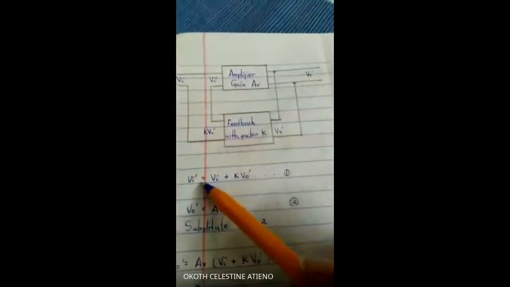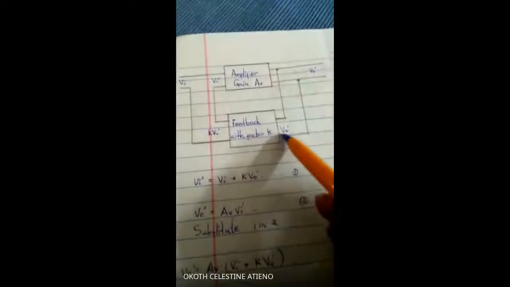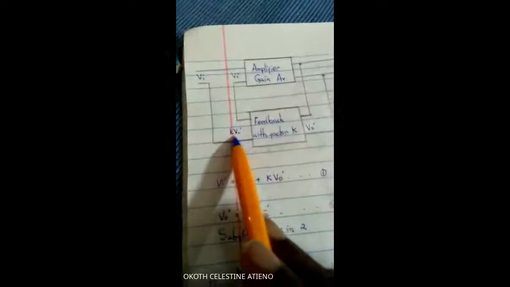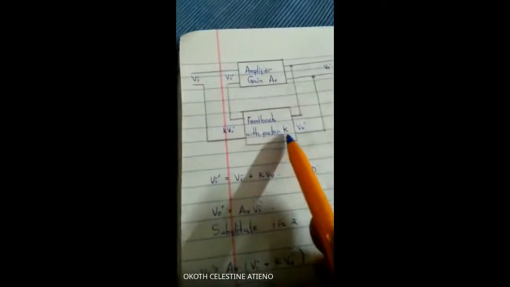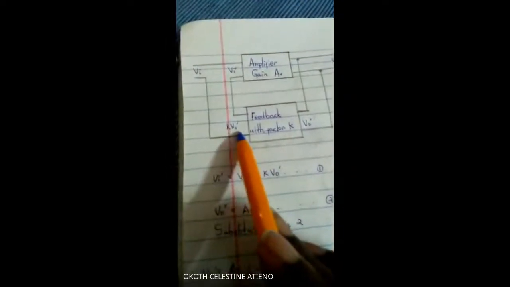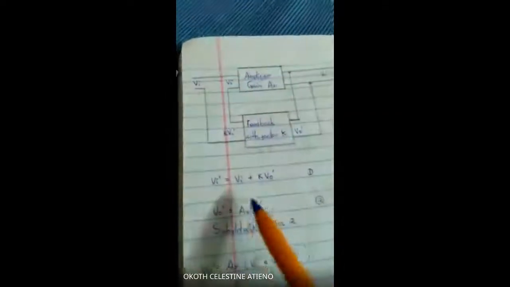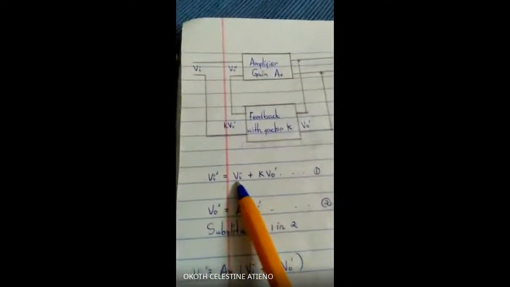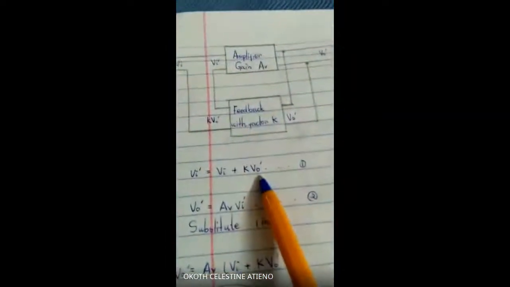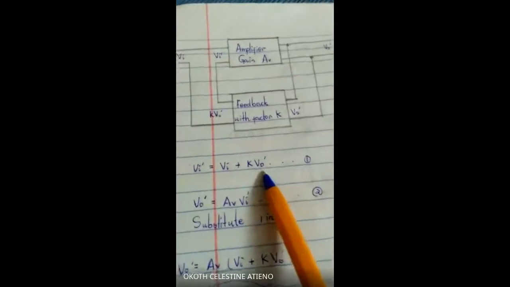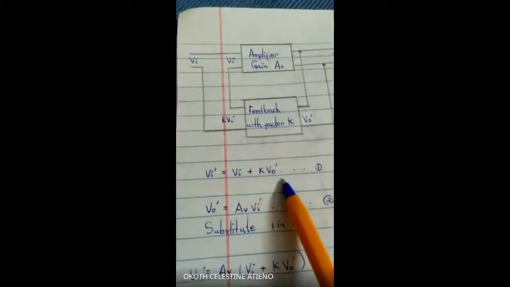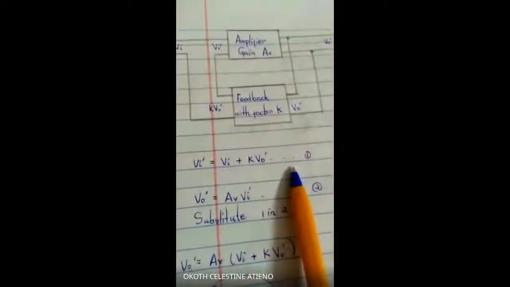The fraction of V out that is fed back is the feedback factor, K, times V out. So on our input side, we'll have V in plus the output voltage that is fed back to the input. I hope you understand the slide.